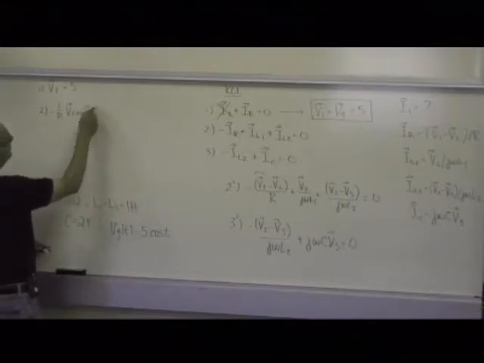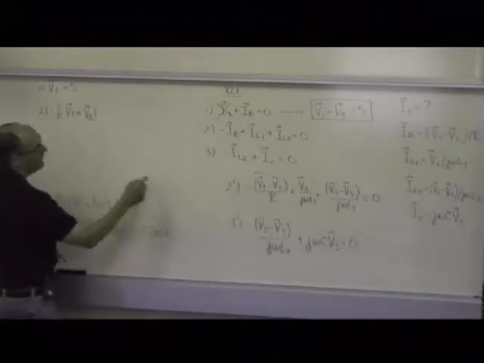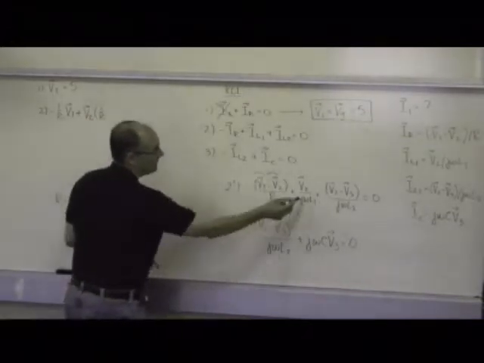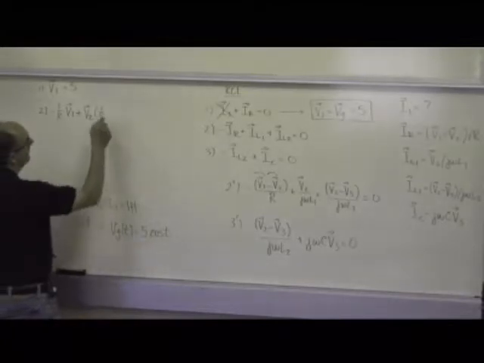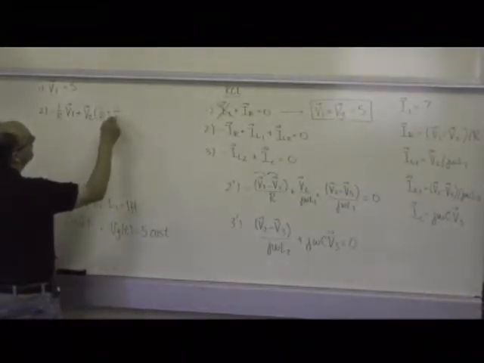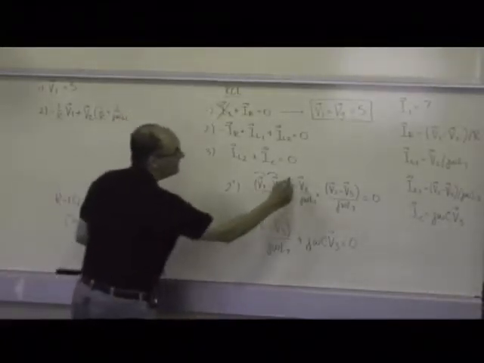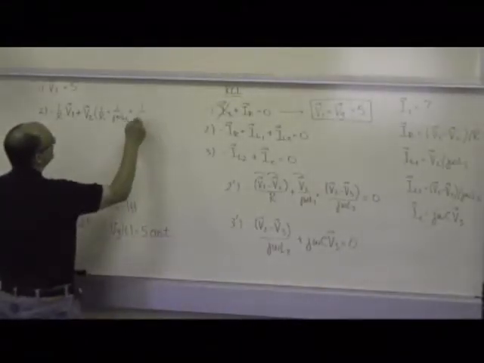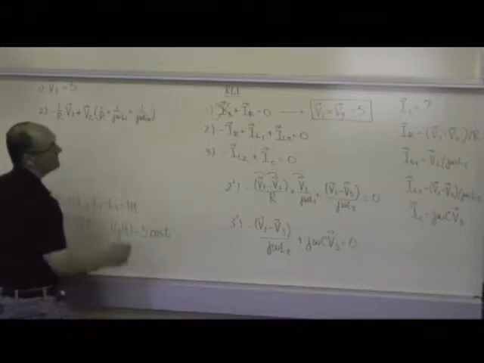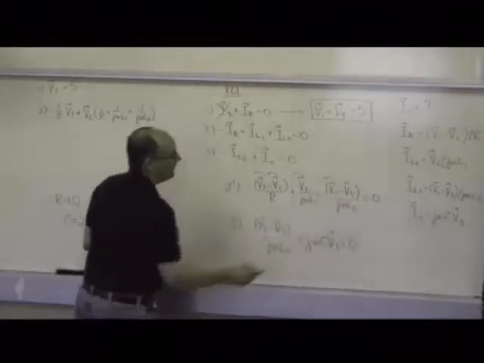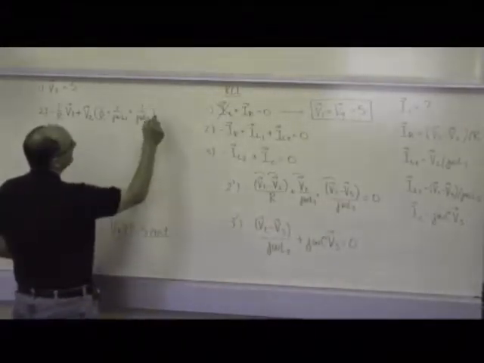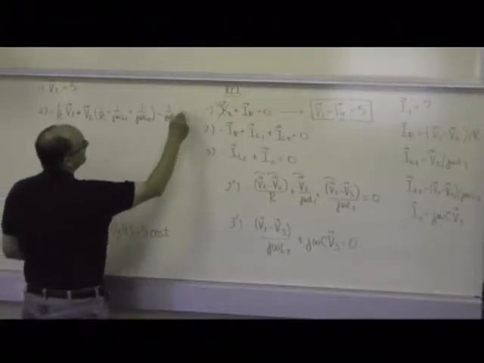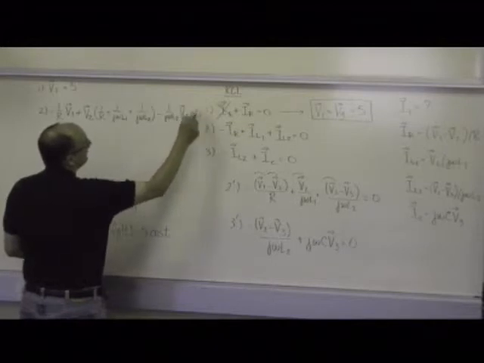Next to V2, we've got, again, 1 over R, and you have 1 over j omega L1, and 1 over j omega L2. And then the last term, minus 1 over j omega L2 times V3, equals 0.